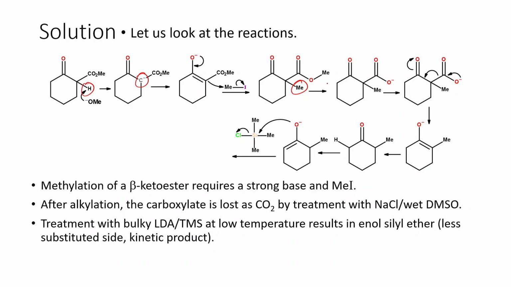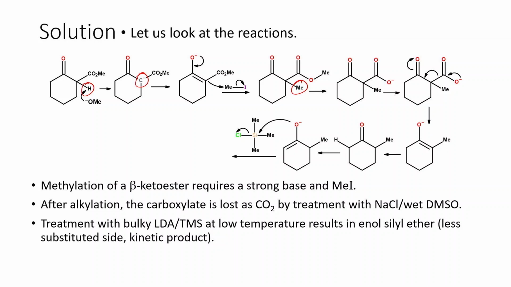Once it is hydrolyzed, we end up with a carboxylate anion, and the carboxylate anion can very readily undergo decarboxylation, because beta keto acids can very readily lose carbon dioxide. The driving force is the formation of gaseous carbon dioxide in this decarboxylation reaction. So that ends up with the methylation occurring in this particular reaction.